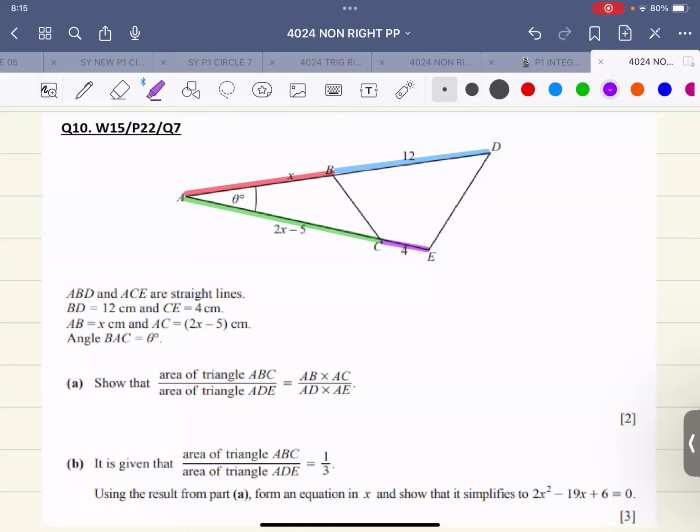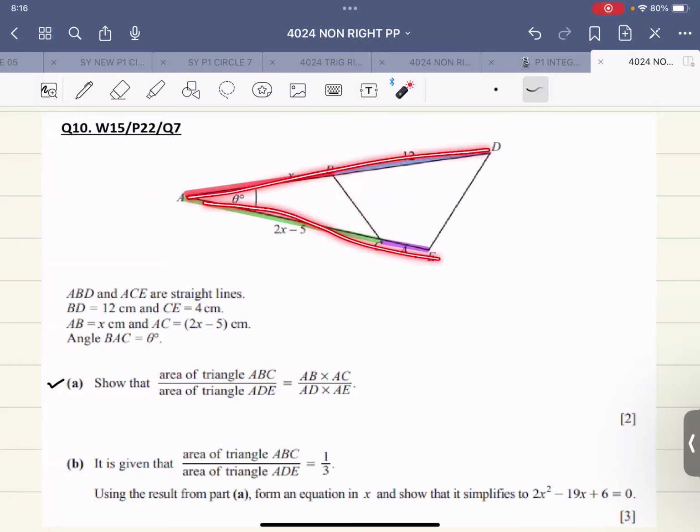Now it says angle BAC is theta. The first part, show that the area of triangle ABC divided by the area of triangle ADE, that is this one, is this much into this much. Now they have worked in this format, AB, AD, AC, AE.